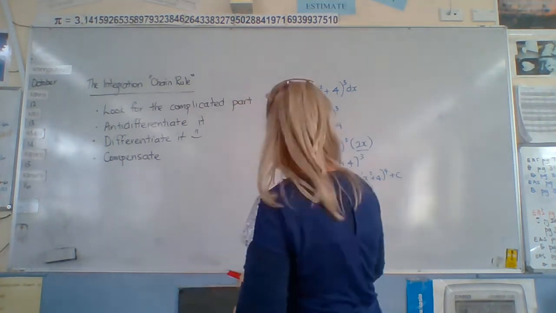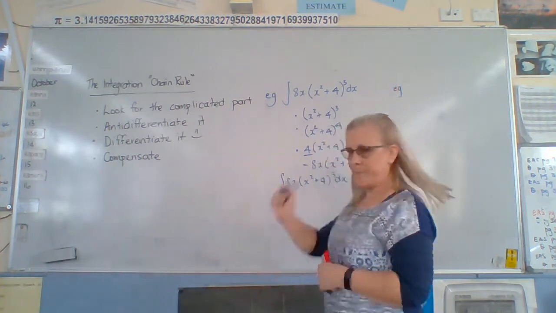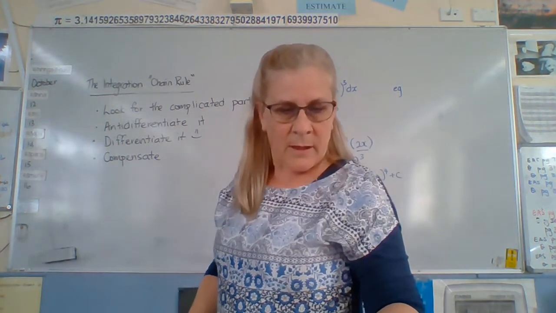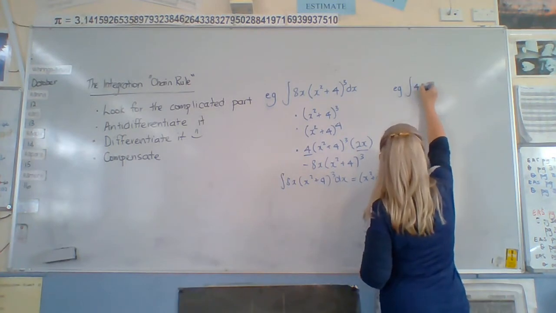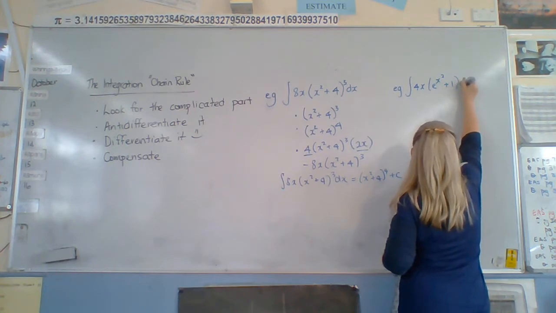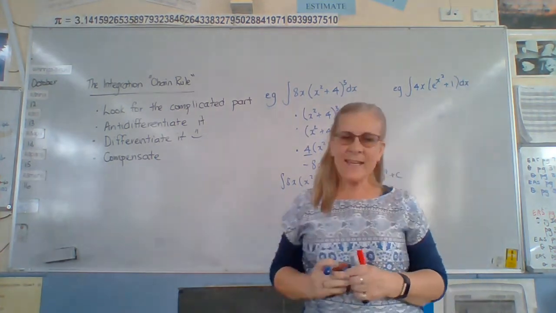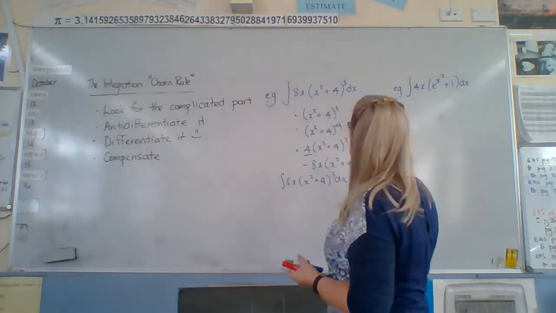Right? Okay, now not such an easy one. Oh, I must have been reading my mind. 4x e to the x squared plus 1 dx. I feel like I've heard that e to the x squared before today. All right, so what have we got here?